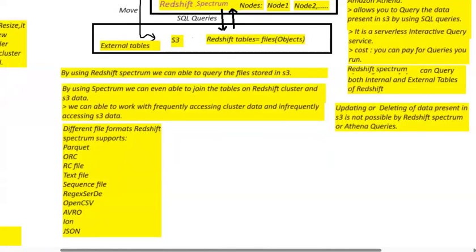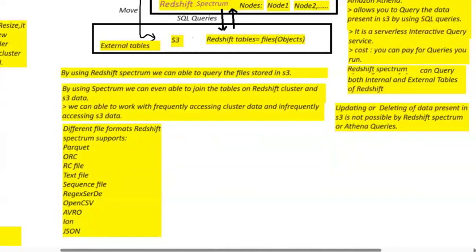If you are storing column type format, then it is highly recommended. So what AWS recommends is to store column format data like Apache Parquet or Apache ORC in your S3. While querying, the query will select only the columns needed.